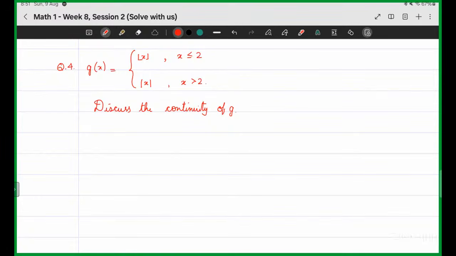Is the LHL 1 and function value at is 1 and RHL is 2?